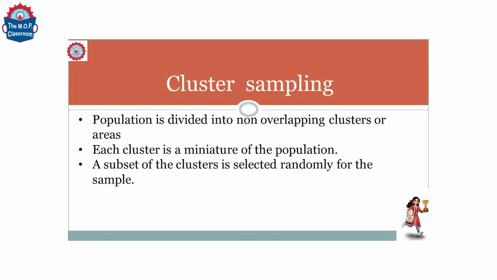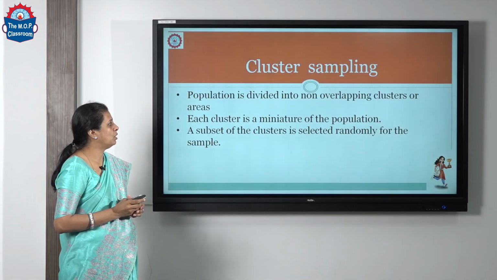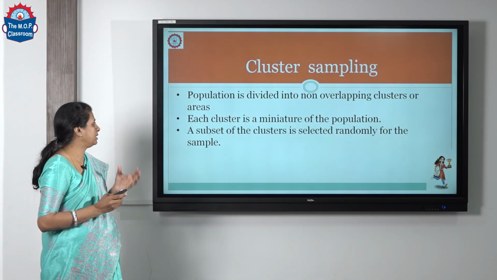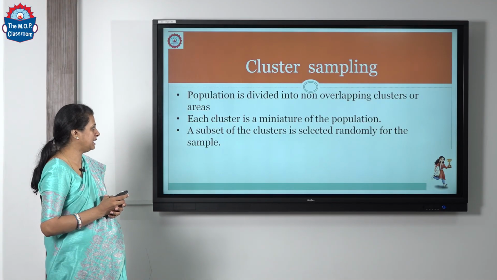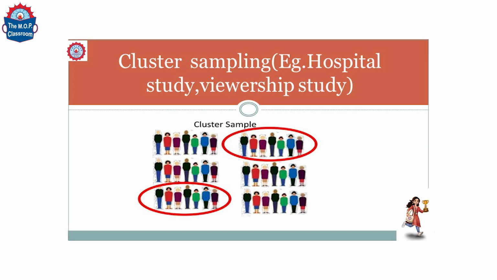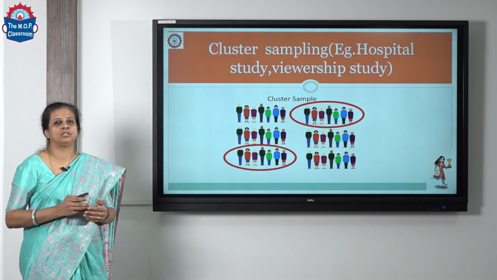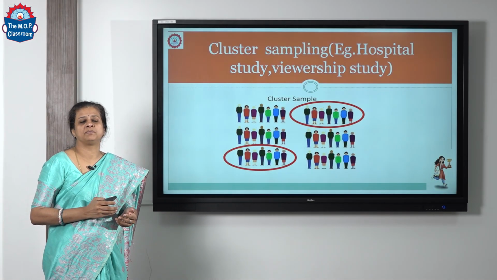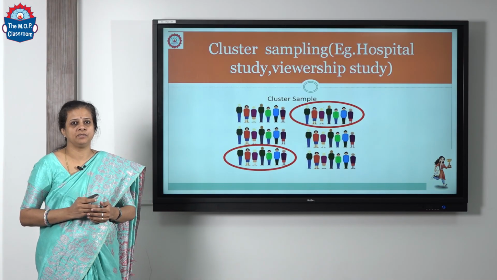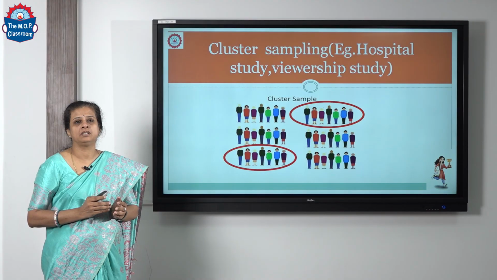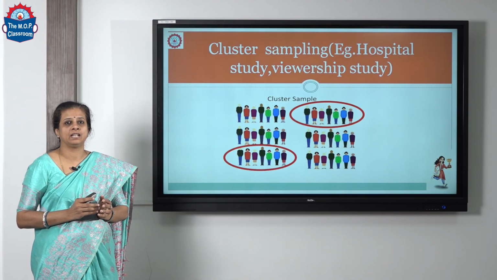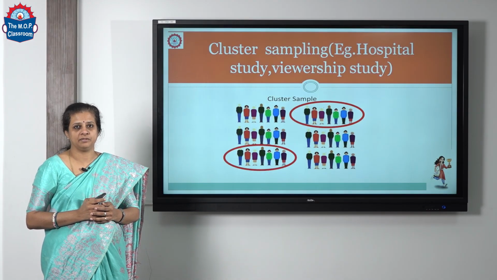The next one is cluster sampling. Here the population is divided into non-overlapping clusters or areas, and each becomes a miniature of the population by itself. I would like to narrate with the help of an example. Suppose we are conducting a study at a hospital or a viewership study among TV viewers. We would use cluster sampling, wherein a particular home or residence will have several age groups of individuals.